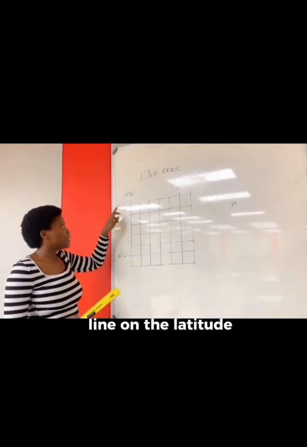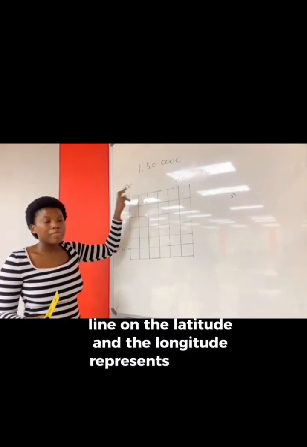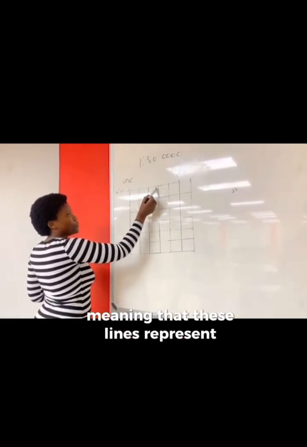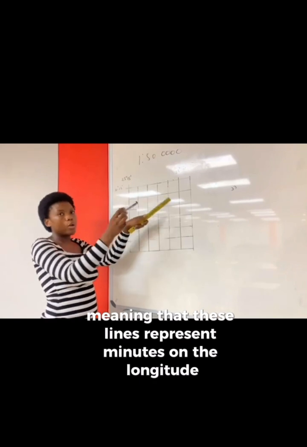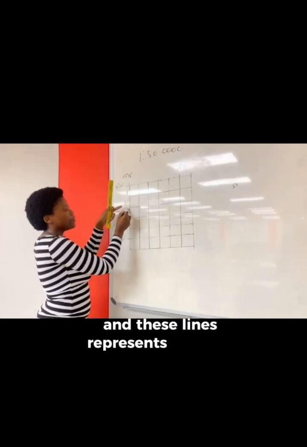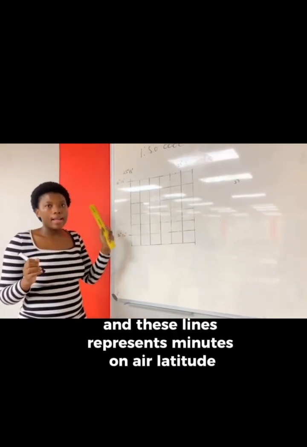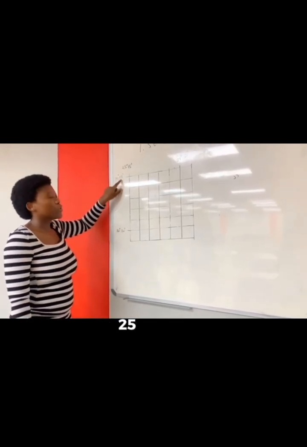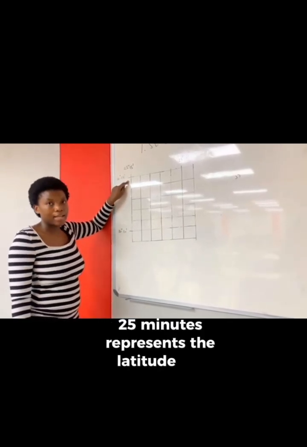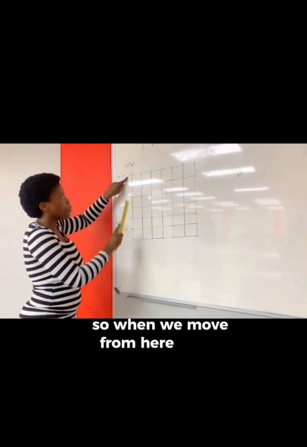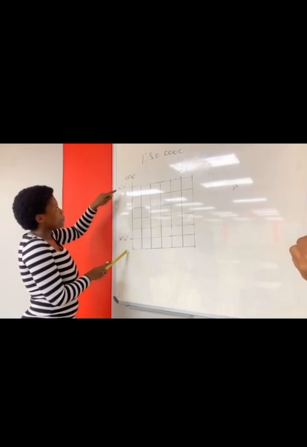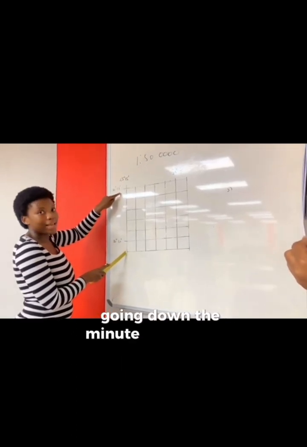Lines on a latitude and a longitude represent minutes, meaning that these lines represent minutes on the longitude and these lines represent minutes on the latitude. So in this case, we know that this 30 degrees 25 minutes represents the latitude line. When we move from here, going down, the minutes increase.